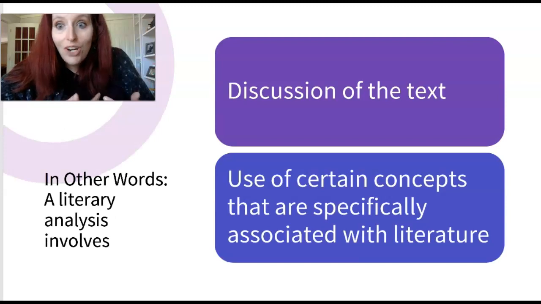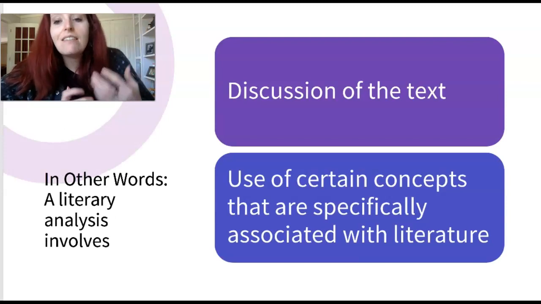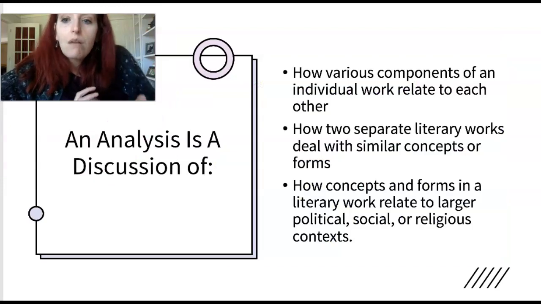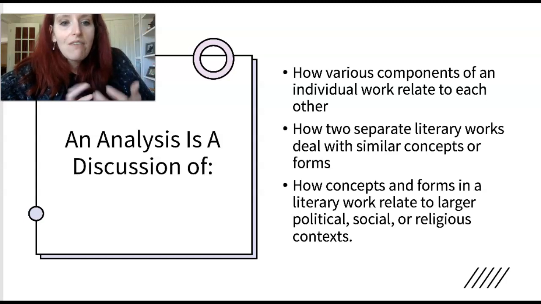So, in other words, a literary analysis involves a discussion of the text and uses certain contexts, like the ones that we just looked at, that are specifically associated with literature. An analysis is usually a discussion of various components of how an individual work relate to each other.